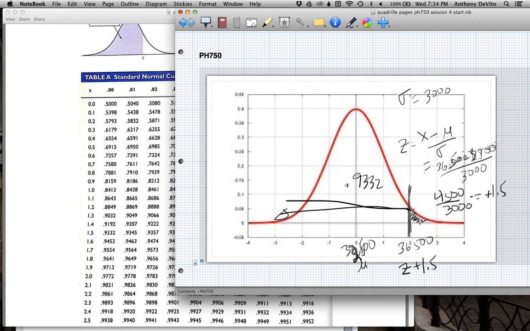So what percent has a salary above that? It's going to be 1 minus 0.9332, or roughly, what is that going to be? 0.0668, something like that. So this is going to be roughly 0.0668, about 6.7%. Okay, yes.